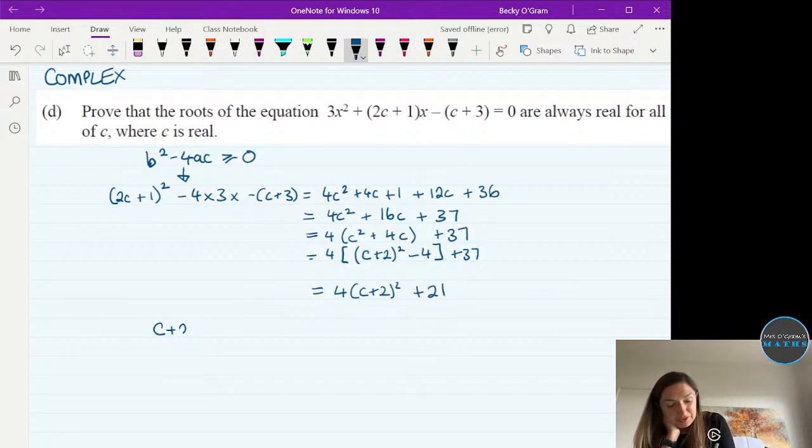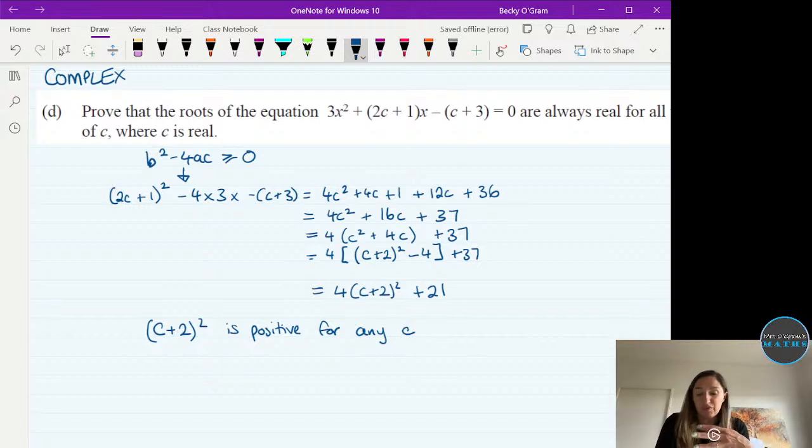Now c plus 2 squared is positive for any value of c. Whatever we put into c, if we add 2 to it, whether it's negative, positive, whatever, we're then going to square it, so that will always become positive.